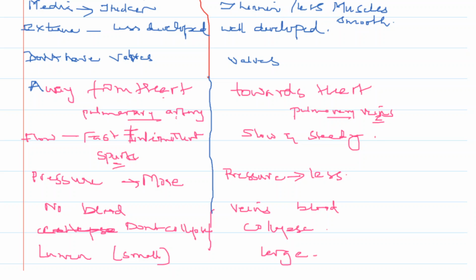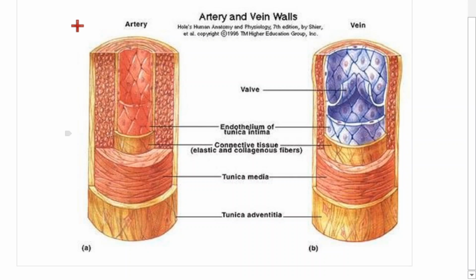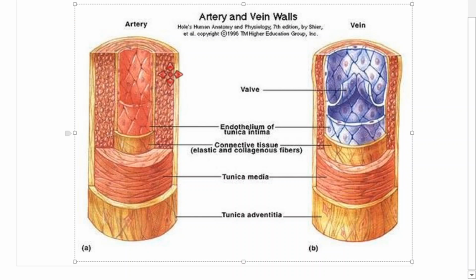Now, if you want to look at the picture, I guess you get a better understanding of it. If you take a section of the artery and the vein, as you can see, the lumen is smaller here, and the lumen is bigger here.